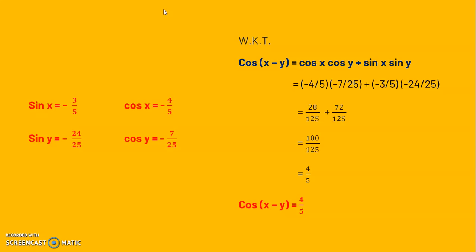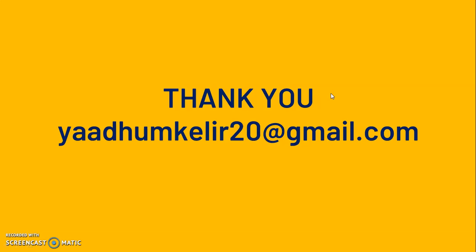So we have to find cos y and sin x from the given data. So we used the Pythagoras theorem to find the remaining ones, and then we just applied those values in the formula for cos of x minus y, so that we easily got the value. So the only thing is you have to know the formula for cos of x minus y and the Pythagoras theorem. Okay.